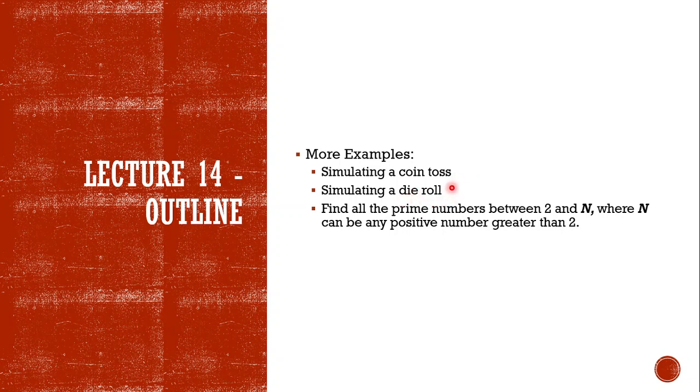Similarly, with a die roll, if you roll a die 6 times, that does not mean that you'll get 1, 2, 3, 4, 5, and 6. You may not get all the possible outcomes if you roll a die 6 times. But if you roll the same die a significantly large number of times, for example, if you roll it 6,000 times, then it is likely that you will get each number 1, 2, 3, 4, 5, and 6 around 1,000 times.